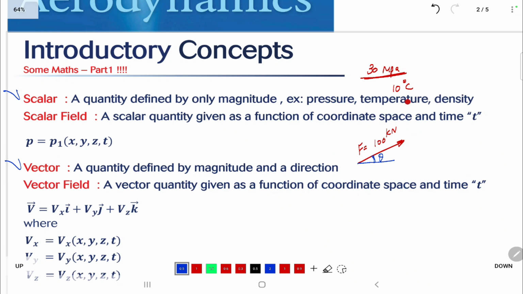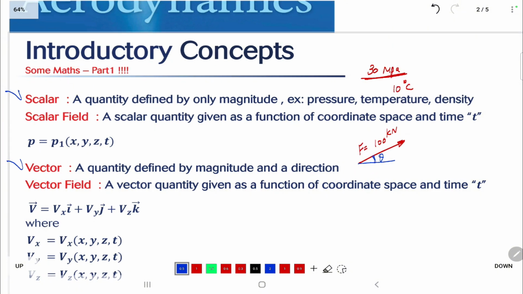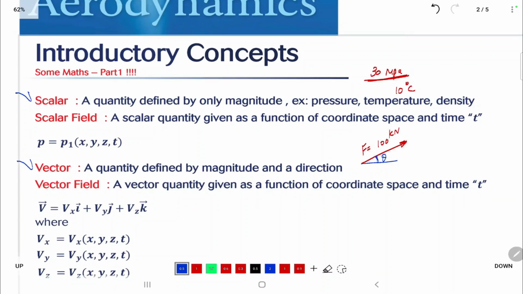But temperature and pressure are not. It is the same thing for velocity. Velocity is a vector. You studied this material in the first and second year of your study. Now I just refresh your background. So with scalar there is an associated scalar field, and with vector there is a vector field. We will explain these fully as we go through our course.